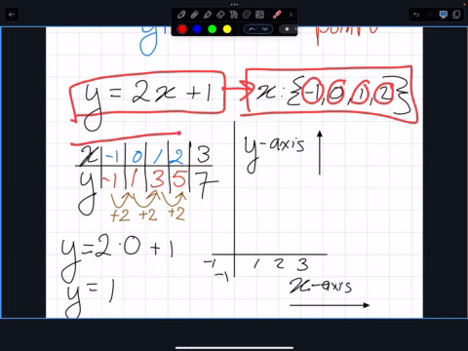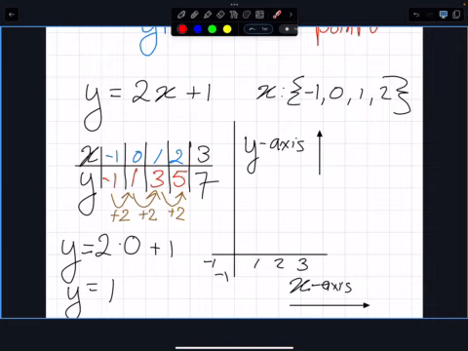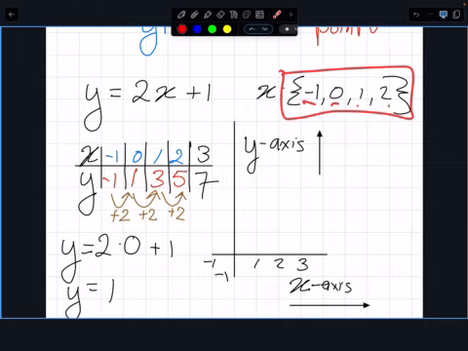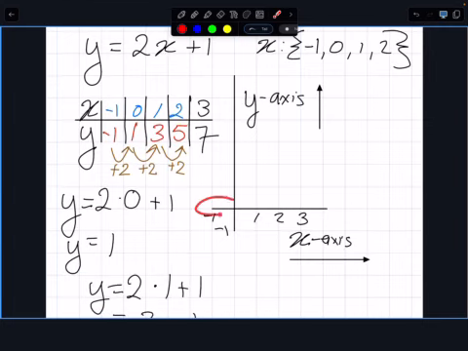So you place it in the table. They're given to you. Minus 1, 0, 1, 2. This is for the x value. This is for the y value.